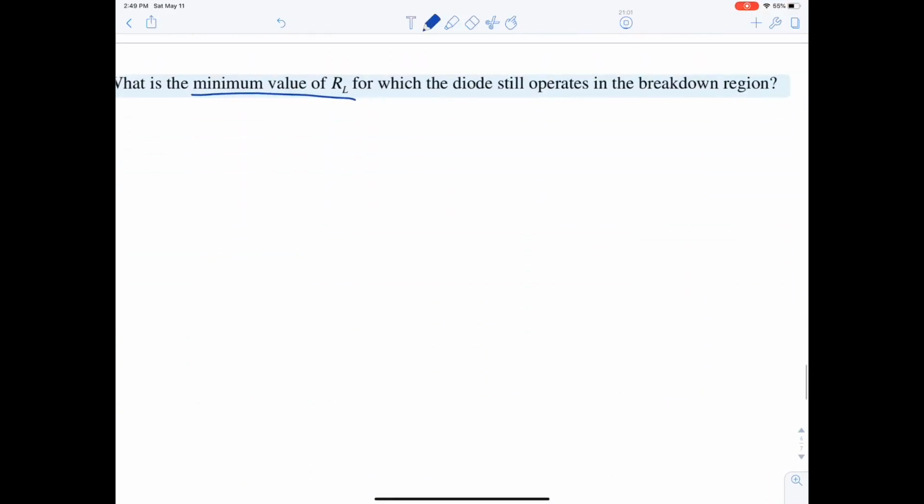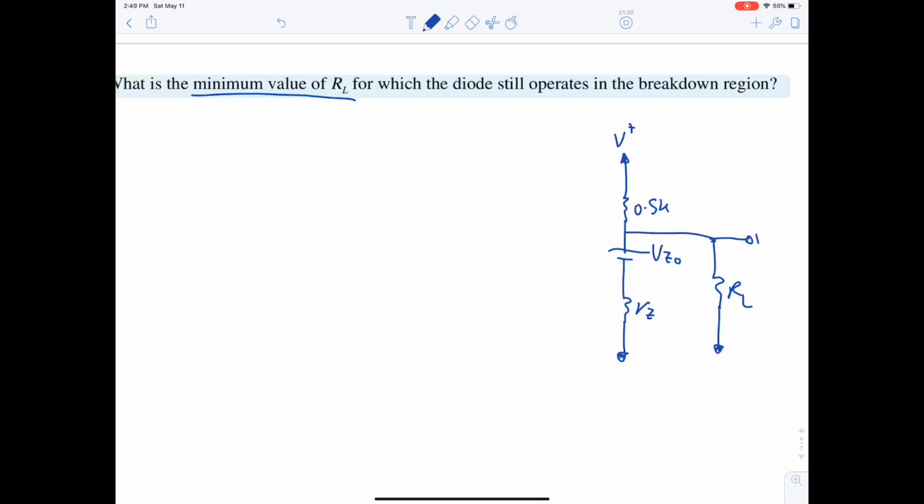Let's see. V plus, this is our resistance, 0.5K, VZ naught, RZ, RL. Now, we are looking for RL, so we have to do Ohm's law, which is V naught minus 0 over IL. What is V naught?